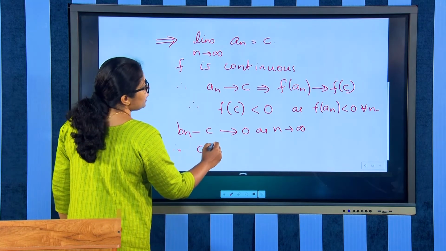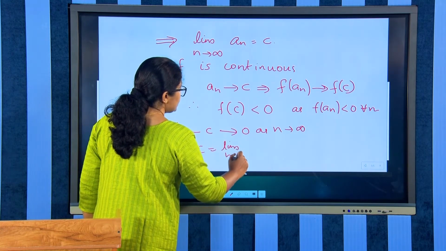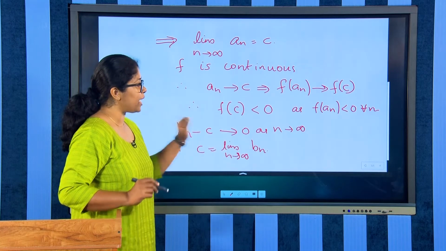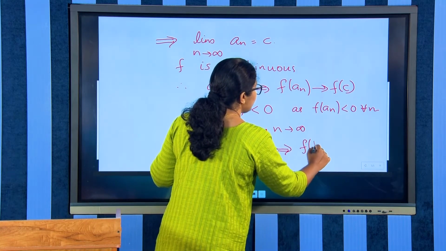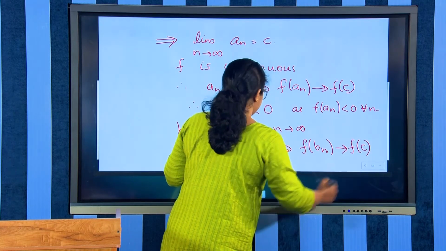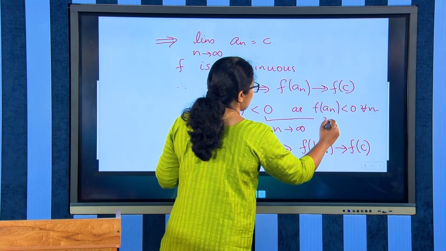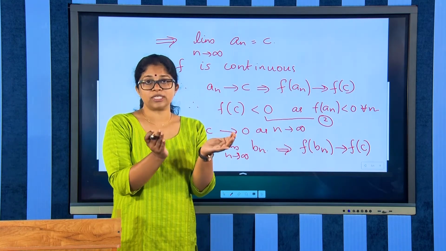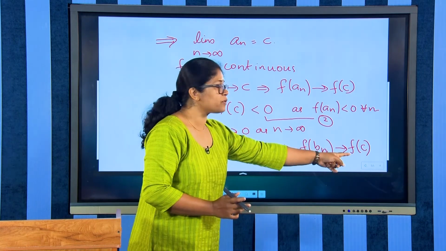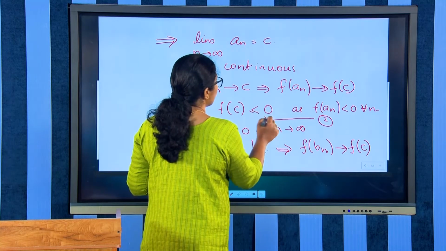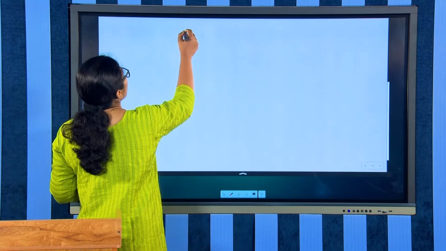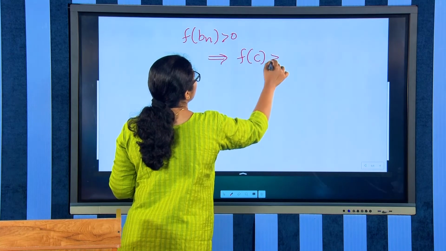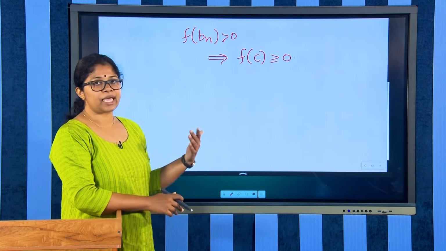Therefore, C is the limit as n tends to infinity of Bn, and again a similar argument based upon the continuity of f, we can show that f of Bn also converges to f of C. So this we can name as inequality number 2, and since f of Bn's are strictly greater than 0, a sequence of positive terms always converges to a non-negative term. So f of C should be greater than or equal to 0, because the limit can be 0 as well.